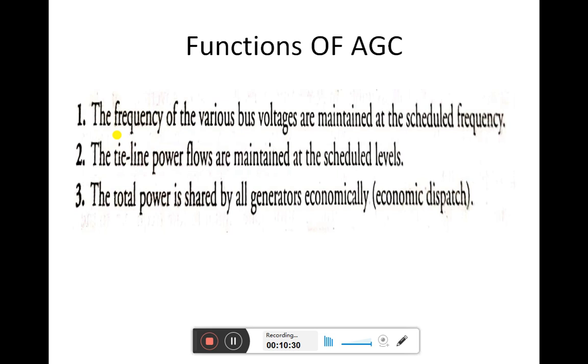Regarding economic dispatch, we have already discussed it in detail in our earlier subject, Power System Analysis 1. About the first two functions mentioned here for the AGC, we can have the discussion on them in detail.